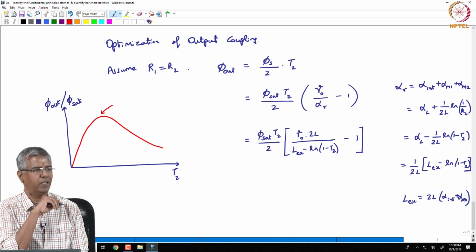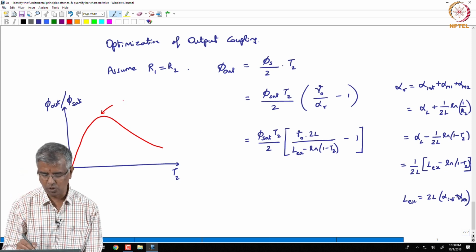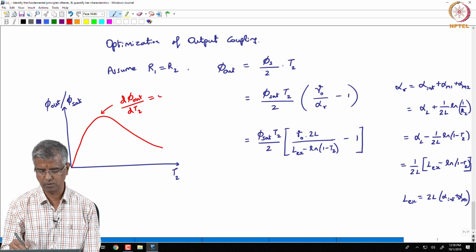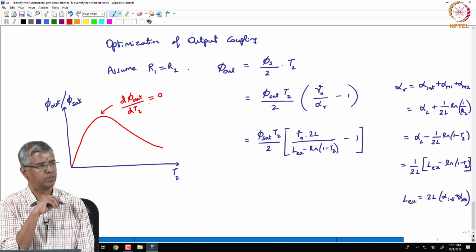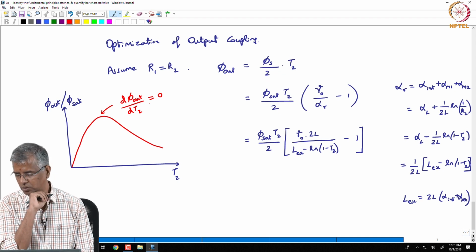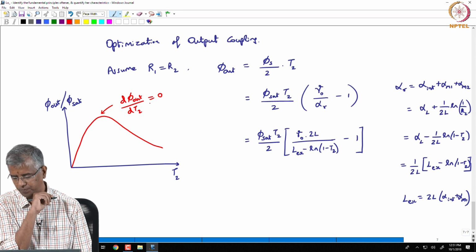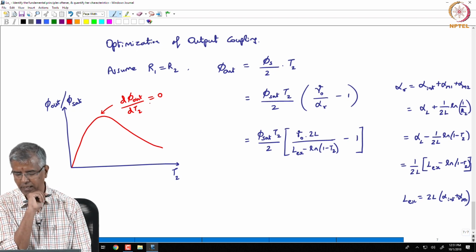That is a point of inflection. What happens at the point of inflection? The slope is 0. So, the derivative of phi out with respect to dT2, that is 0 at that point, right. So, what I can do is apply that.